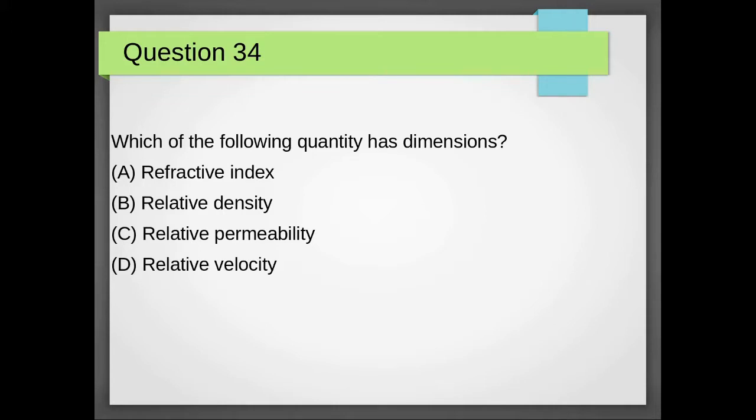So when you do this ratio, you are basically cancelling out the units of speed of light, so it's dimensionless. Relative density, you compare the density of any material basically with respect to water. So again, the units of density cancel out each other. Relative permeability, here again the units of permeability cancel out each other.